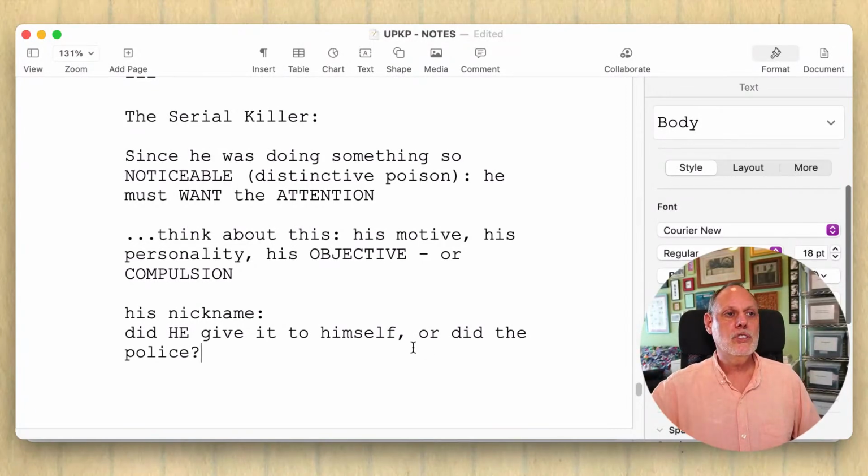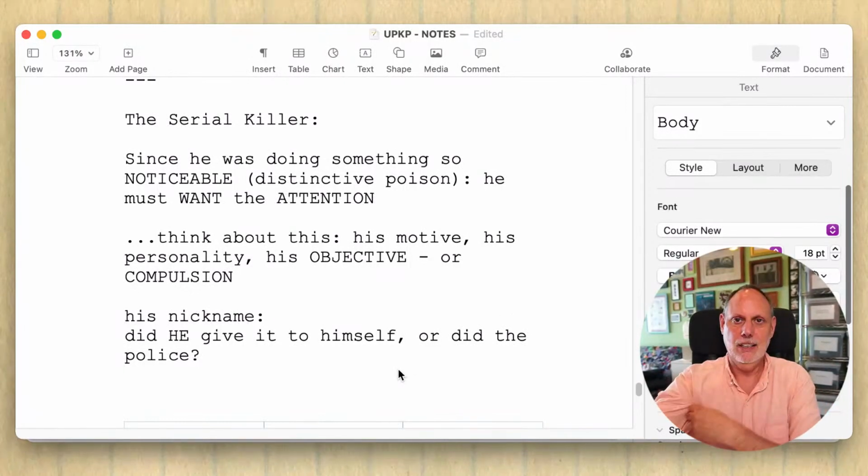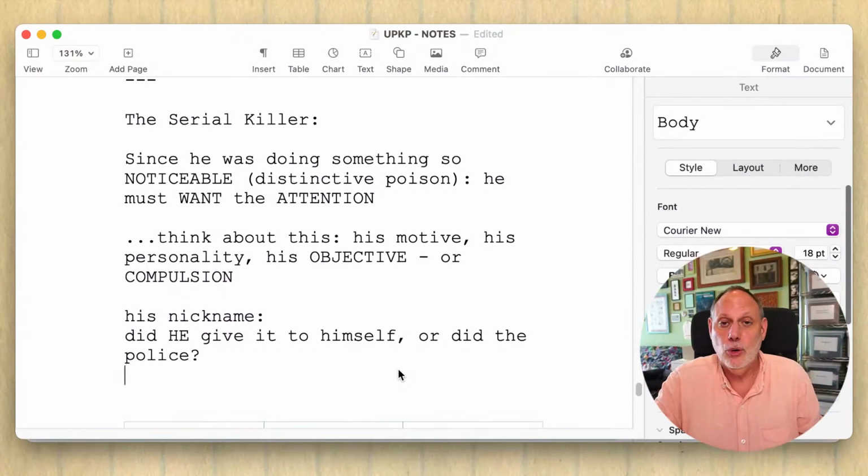Okay, so this serial killer, the threat, the villain, the monster who is after them during the whole story. I began to think, who is he? He's a serial killer, so in many ways he's an archetype. He's a cliche. We all know what serial killers are like. They kill people in a series.